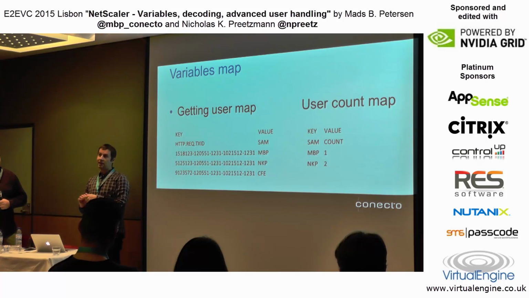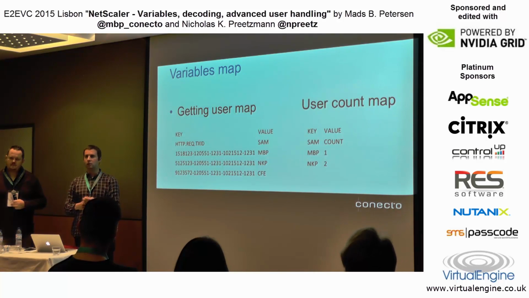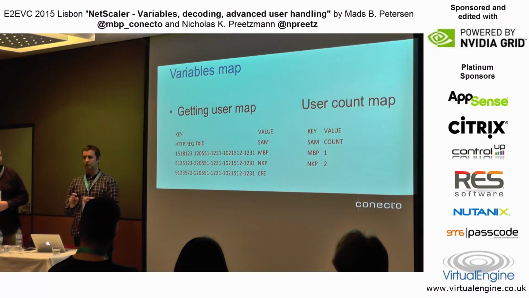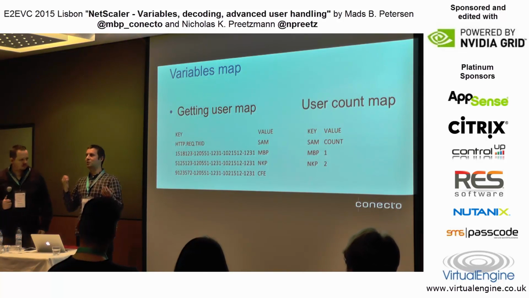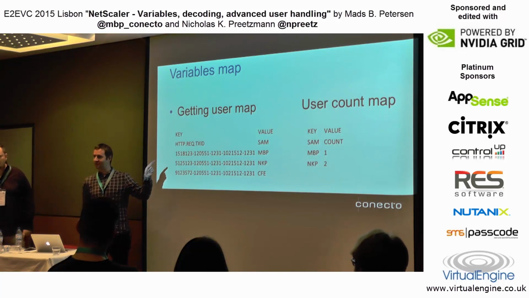HTTP.REQ.TRANSACTION_ID is always similar to HTTP.RES.TRANSACTION_ID. We think it's used by the internal application firewall engine. And it's a hash of the NetScaler MAC address, some timestamps, and a client, whatever. But we can use it to match a response to a certain request.